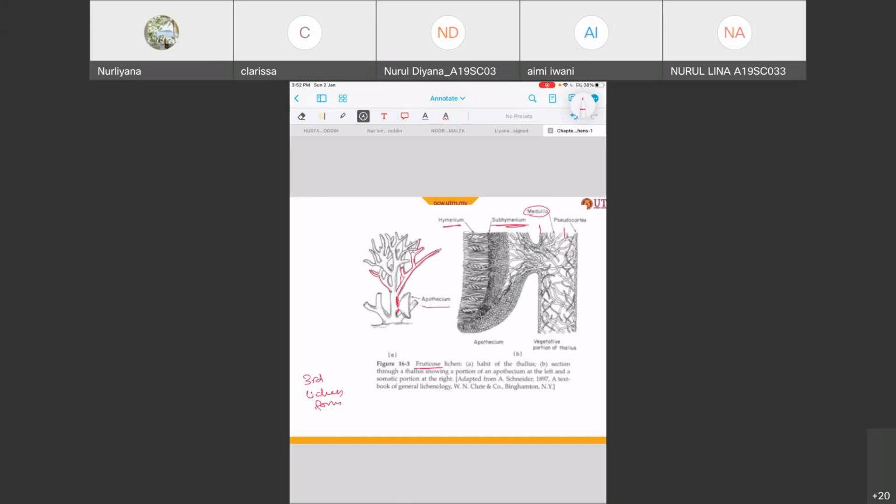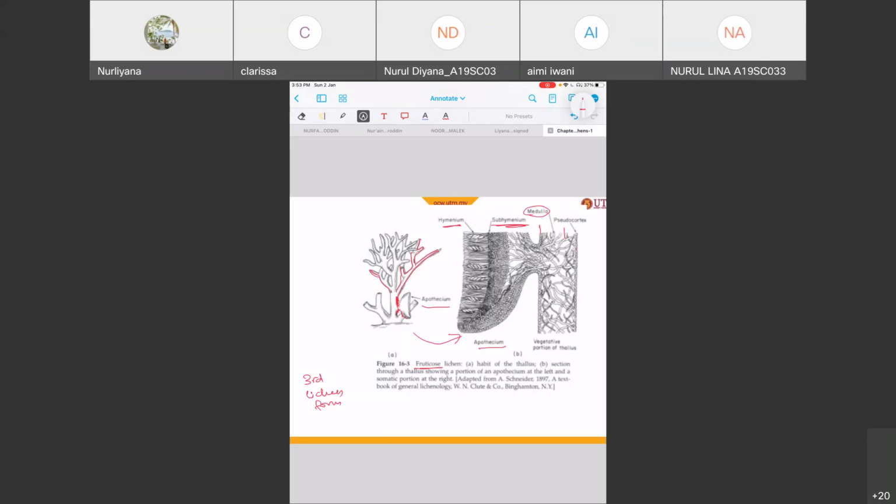At the left, when you enlarge the picture, you can see this in detail. They have an epithelium layer, subhymenium, and those algae. Where do you think the algae will be located in this structure?